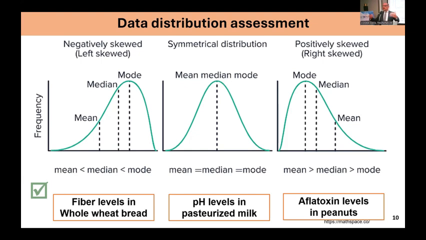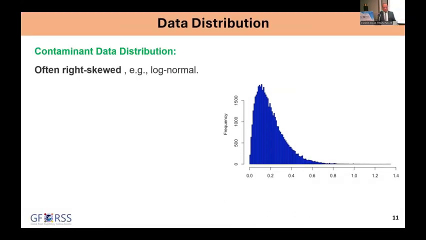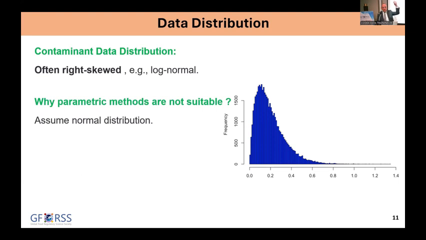Not all tools can work, and this is very important because when we understand the shape of the distribution of our data, we can be sure that we should follow a certain type of data analysis protocol. So we agree that contamination data distribution is often right skewed. This is why parametric methods are not suitable, because they need the distribution to be normal, which is not the case, as you can see, and they may underestimate high percentiles and the real ML.